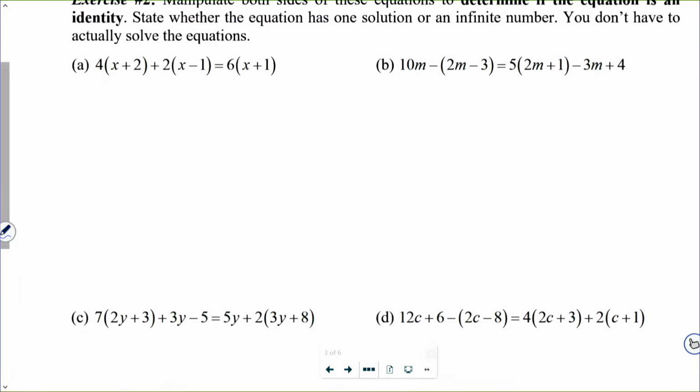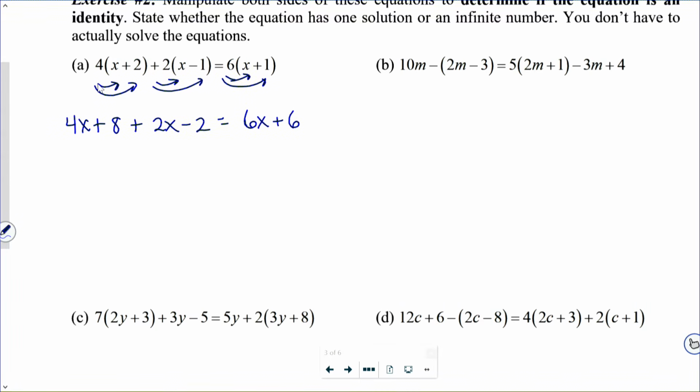So the first thing I'm going to do is distribute the 4 through that parentheses, and I'm going to get 4x plus 8. Then I'm going to distribute this 2 through the parentheses, and I'm going to get 2x minus 2. The distributive property. Then I'm going to distribute this through the parentheses, and I'll get 6x plus 6.